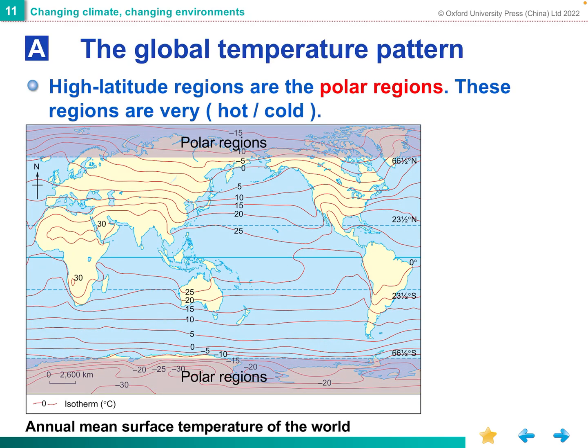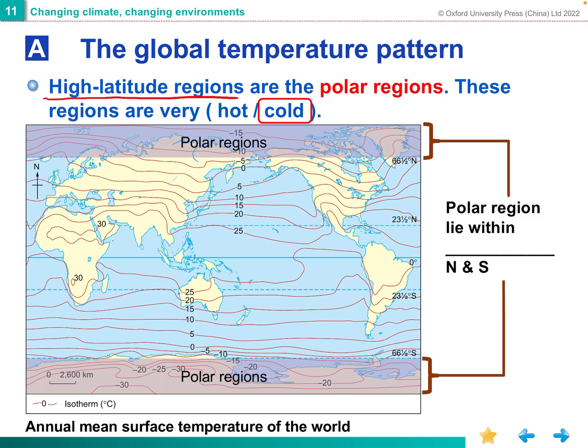Next region is the opposite to the tropical region. This region is called high latitude region. Please also highlight high latitude region. They are on the top and on the bottom of this figure. We call them polar region. They are within 66.5 degrees to 90 degrees north and south.